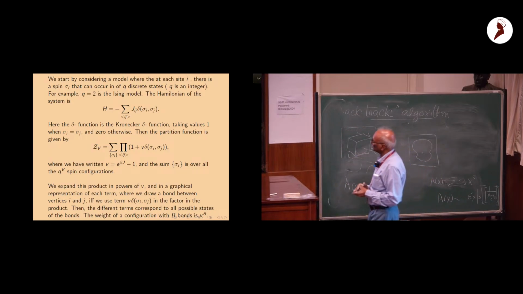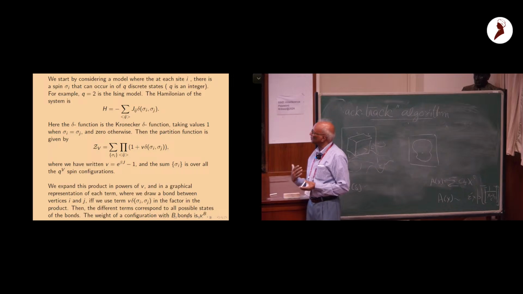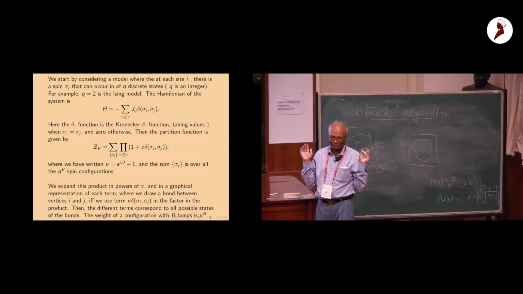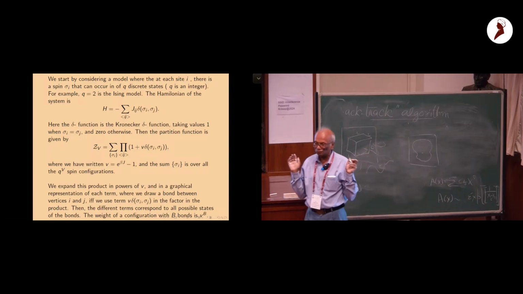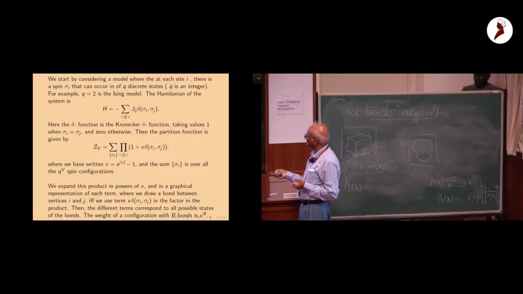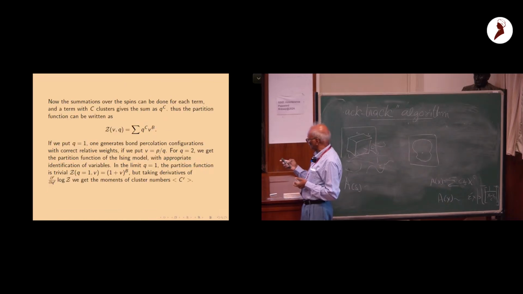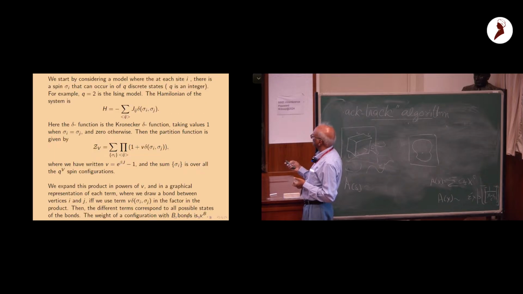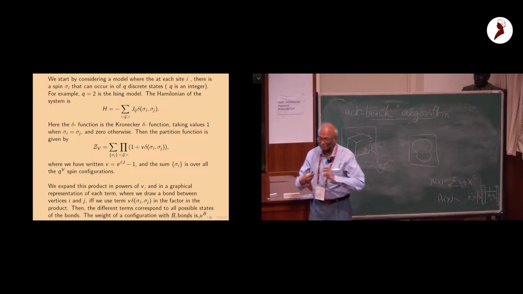Okay, so that is by definition the Hamiltonian of the system I consider. So for this system, I would like to define the partition function and just calculate the partition function. That is what we are told to do in my class. So partition function Z will be equal to the product over all bonds of 1 plus something depending on the delta function of sigma i, sigma j, and then sum over all assignments of sigma.